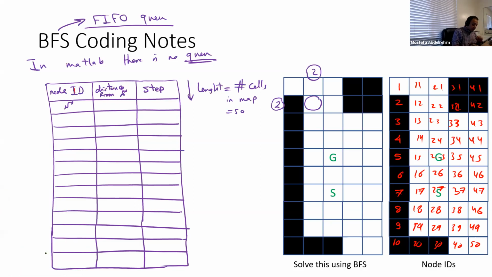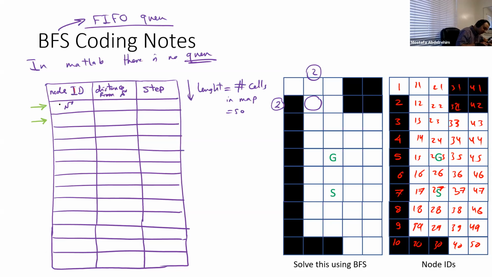Okay, and we need 2 pointers because we don't have FIFO, so we need always to check. We need 2 pointers. One of them to point to the first location that is free in the array, and the other one is to point to the current node that we are exploring from, which we will call the frontier.